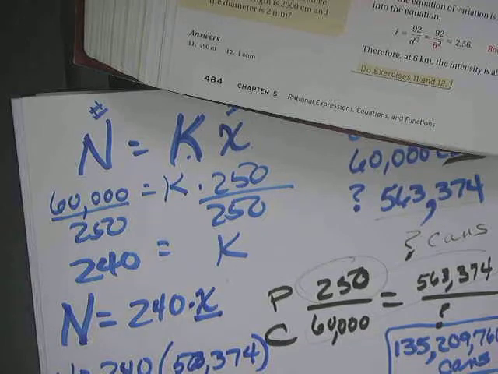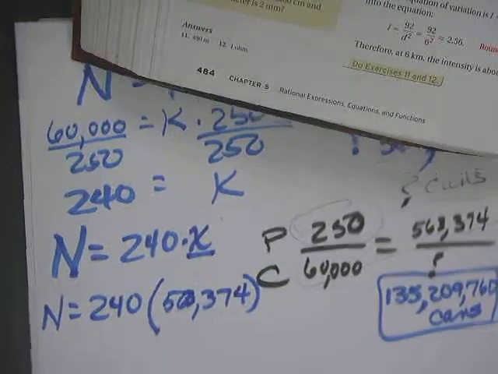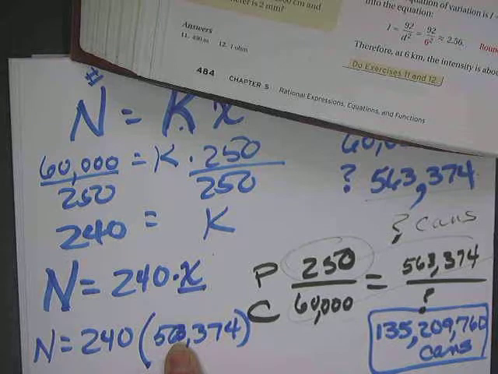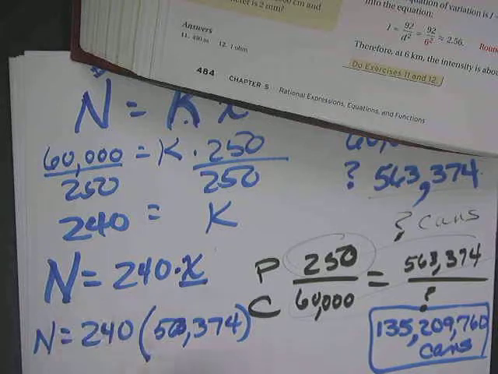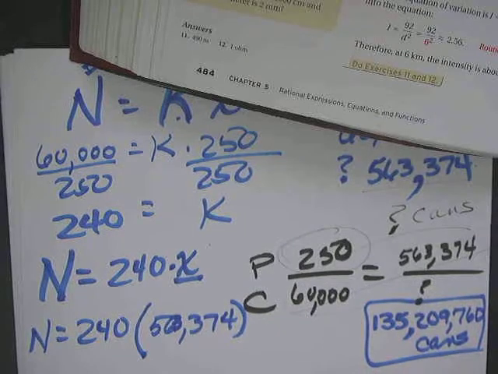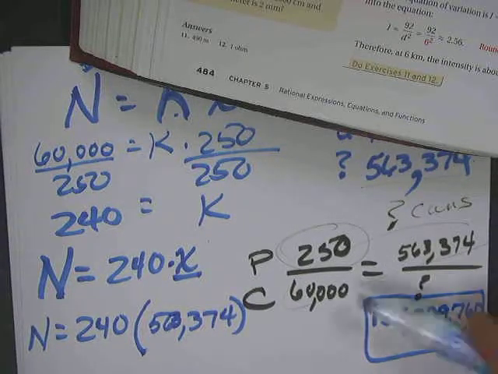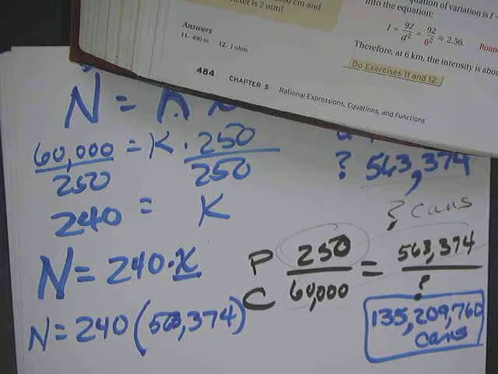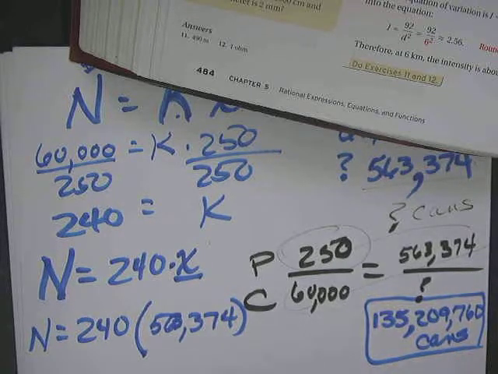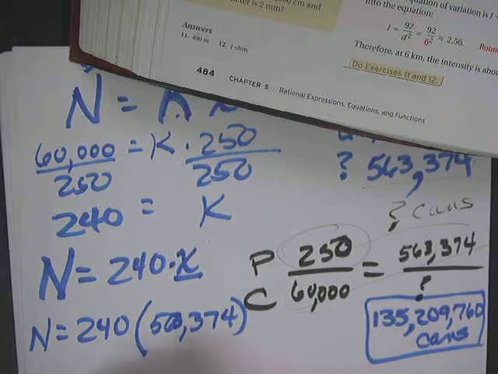We should get that exact same answer if we do 240 times the number of people, 563,374. So if you multiply that, do you get the same thing? Yes. So you could make the equation and then just plug in the number of people and get it. Or, if it varies directly, you could just do the proportion.